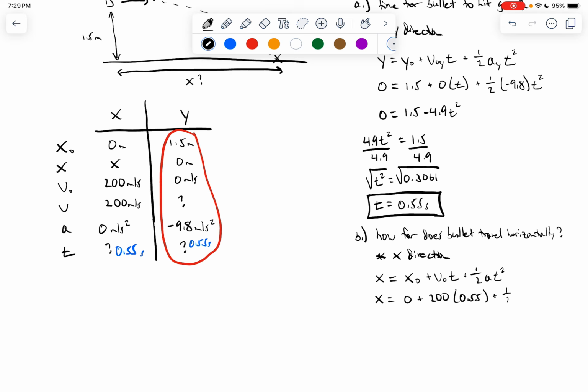Then we have 1/2. Acceleration is always 0 in the x direction, multiplied by our 0.55 seconds, which gets squared. So, nice thing, because our acceleration is 0, this last term is going to cancel out. All we have to do is 200 multiplied by 0.55. That's going to tell us our bullet is going to travel a distance of about 110 meters horizontally in those 0.55 seconds.